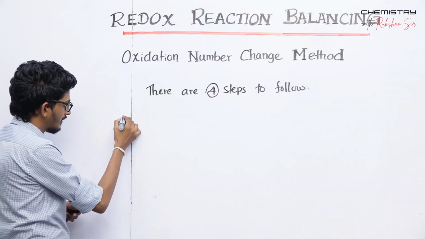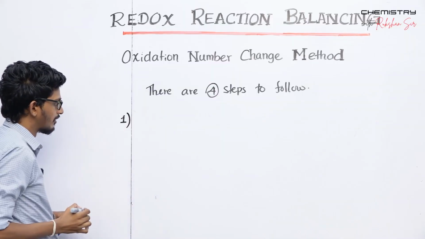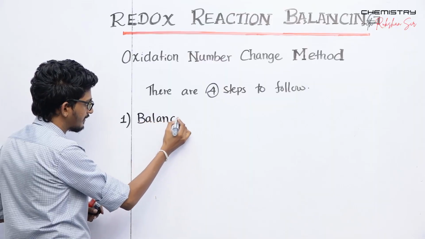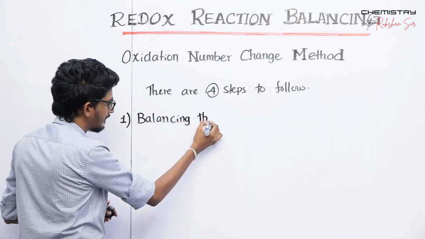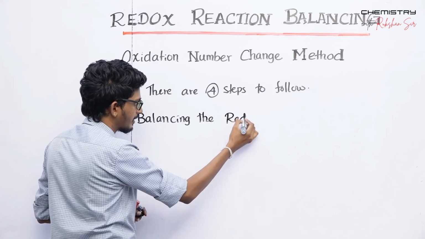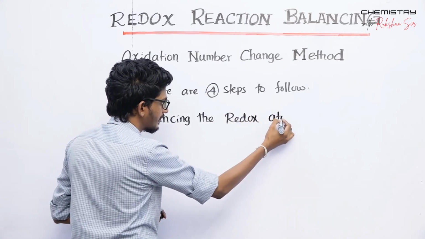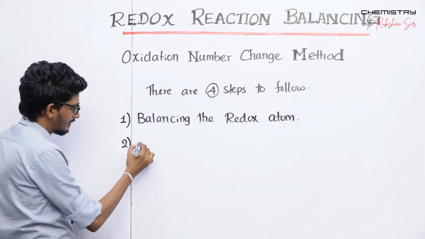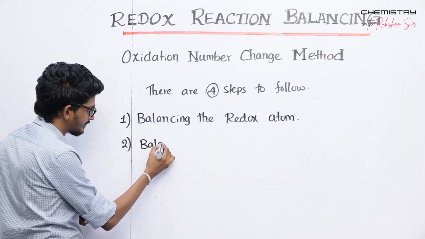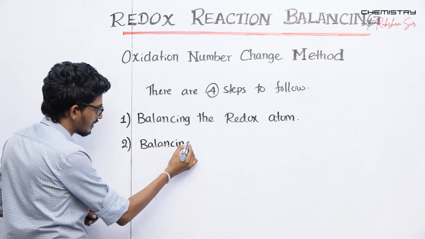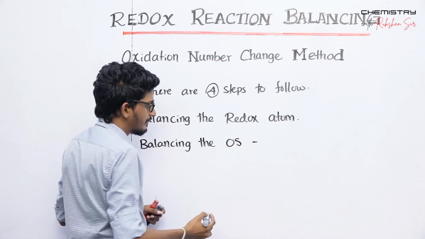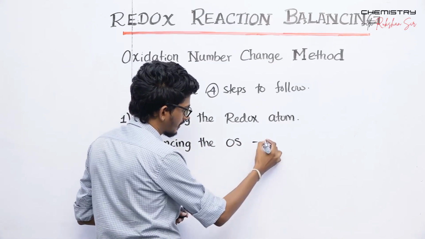Step number 1 is balancing the redox atoms. Step number 2 is balancing the oxidation state. For that we use electrons.